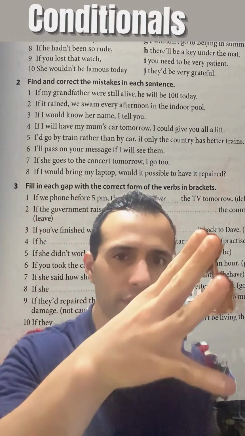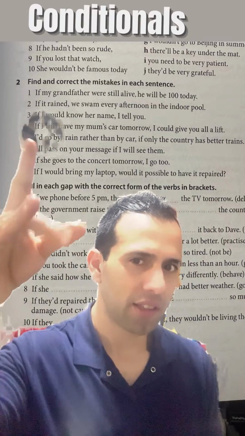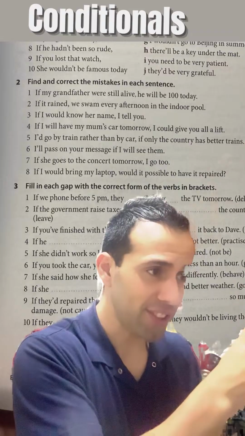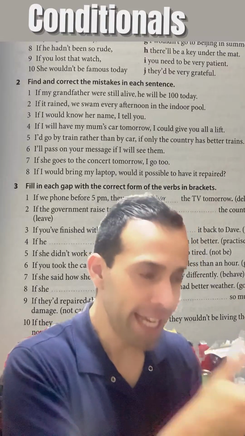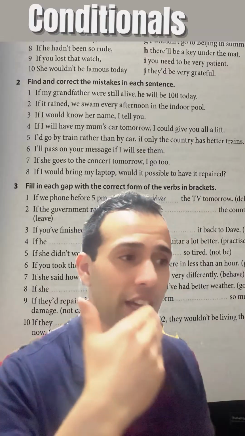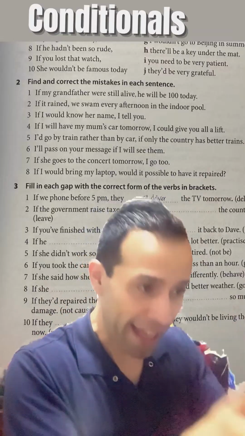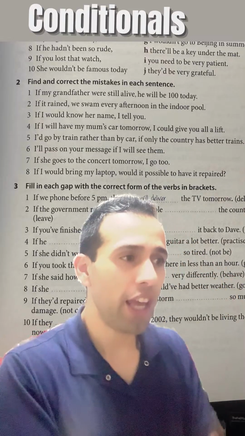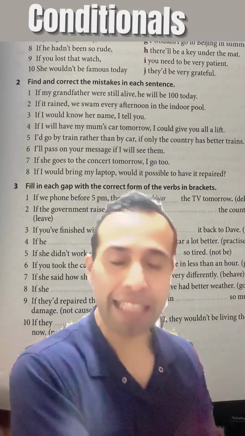So if we say, if she goes to the concert tomorrow, that's if she goes, if plus present simple. Present simple here refers to the future, right? This is a first condition. At least this part belongs to a first conditional sentence, right?